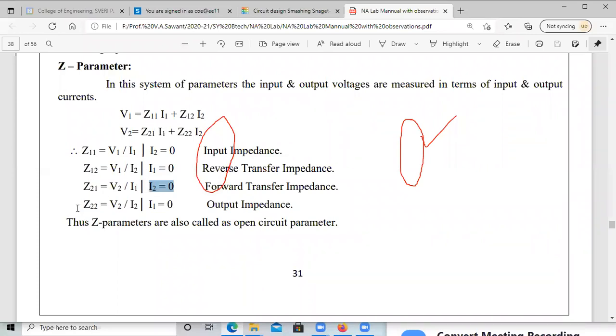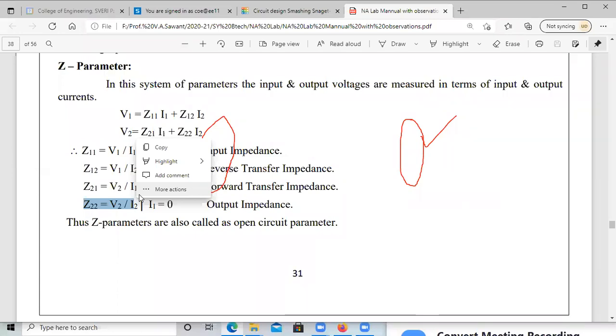Z12 and Z22 we get when the input port is open circuited, that means I1 is equal to 0. So when I1 is equal to 0, you get the two parameters Z12 and Z22. This parameter is obtained by open circuiting the port, so it is called the open circuit parameter.